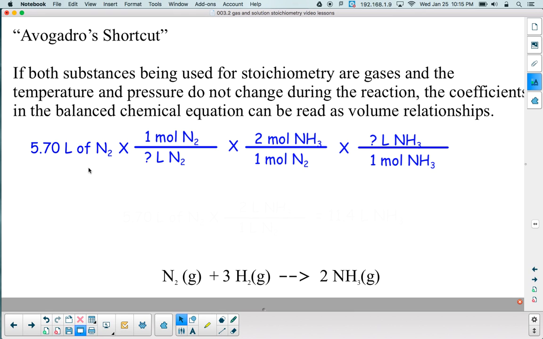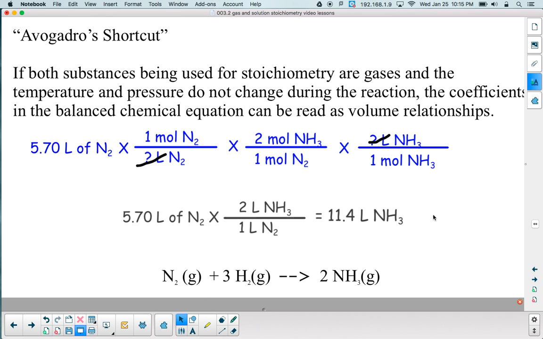So if we look back at what we did, we had this line of stoichiometry, and we decided that from a mathematical standpoint, this question mark liters canceled with that question mark liters, and it wasn't that important that we actually knew what those numbers were. An alternative way of looking at this is to realize that for two gases in a situation where the temperature and pressure don't change, we could actually use the coefficients from the balanced chemical equation as volume relationships.